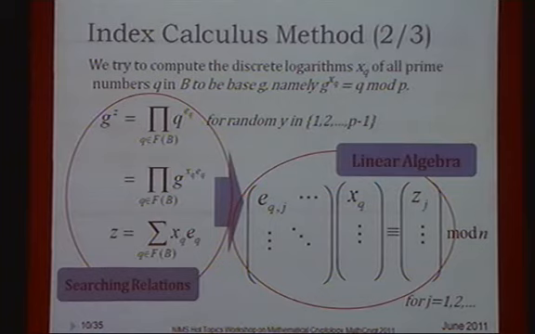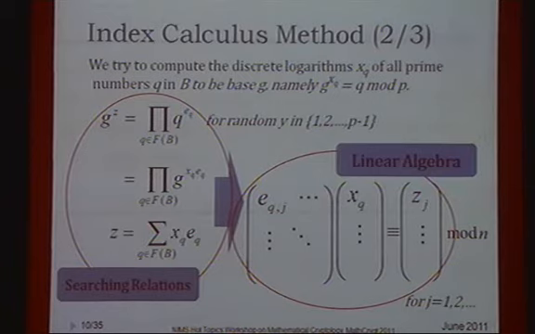And so we have many relations. Then we put each relation in a row here. If we gather more relations than the cardinality of FB, then we can solve this linear algebra for x_q and z_j, modulo p minus 1.